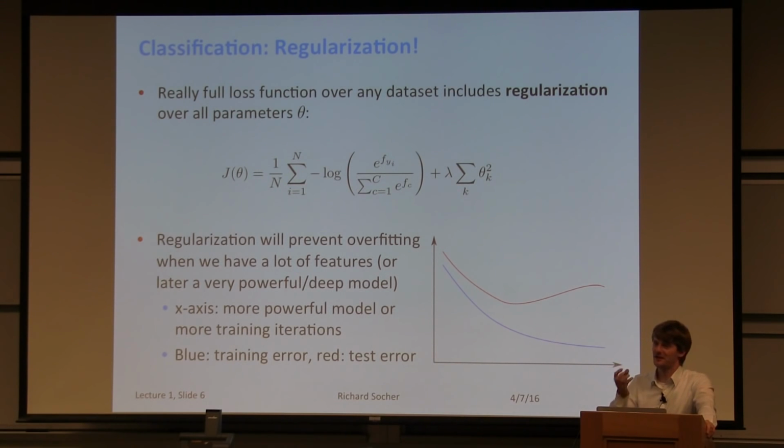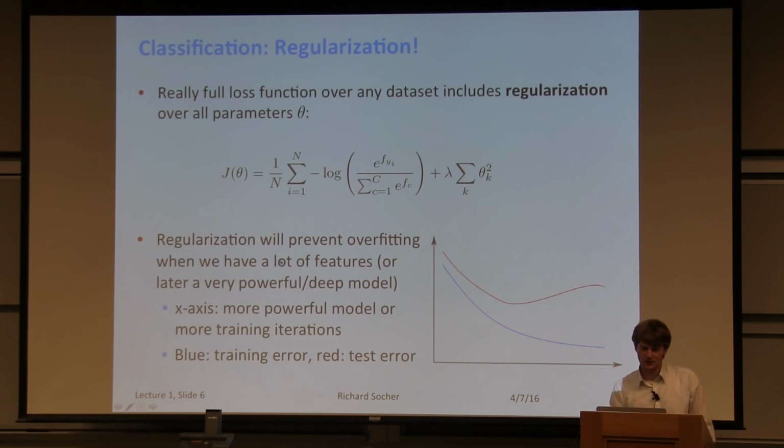And we have various techniques, which we'll cover in this class, such as dropout, or now even stochastic depth networks, where you have variable numbers of layers and so on. There are lots of different techniques, sparsity constraints and so on, that we'll cover in the upcoming weeks to try to regularize these models better and better. And in fact, sometimes you might not want to update the word vectors at all. We'll get to that in a bit in this class.